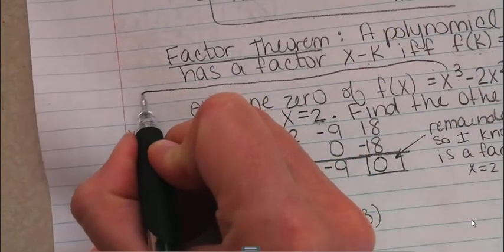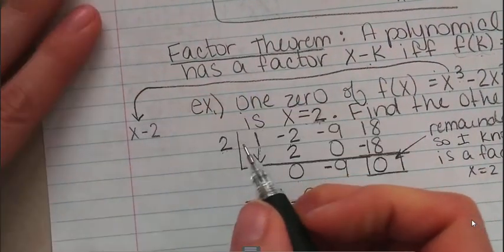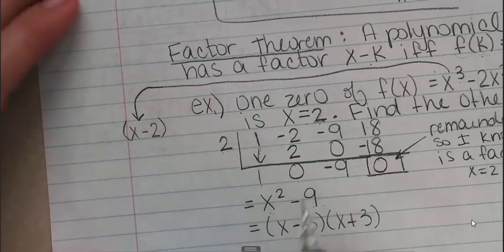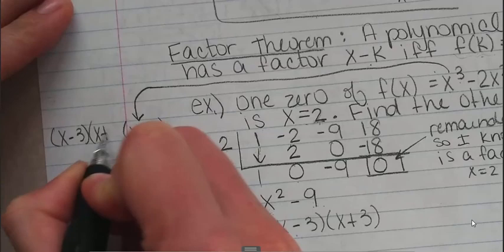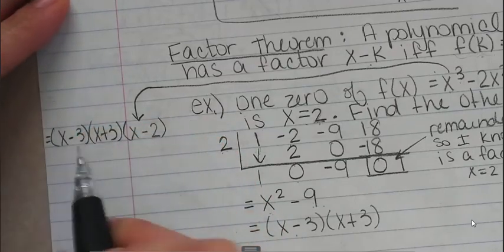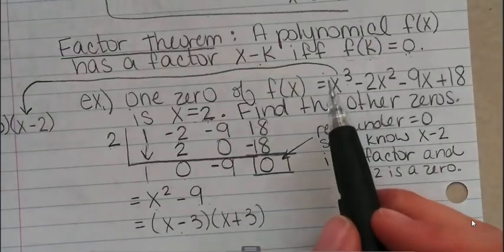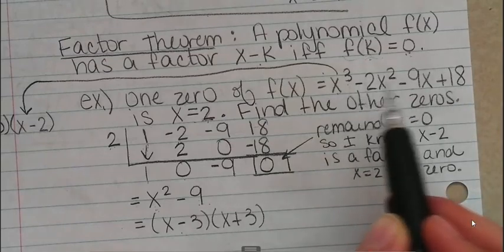It would factor into x minus 2 as one of my factors, x minus 3 is another, and x plus 3 is another one. So there's the complete factorization of this quadrinomial.